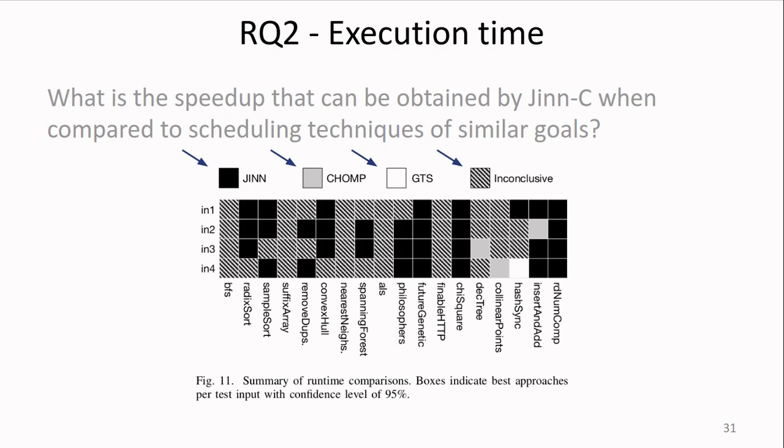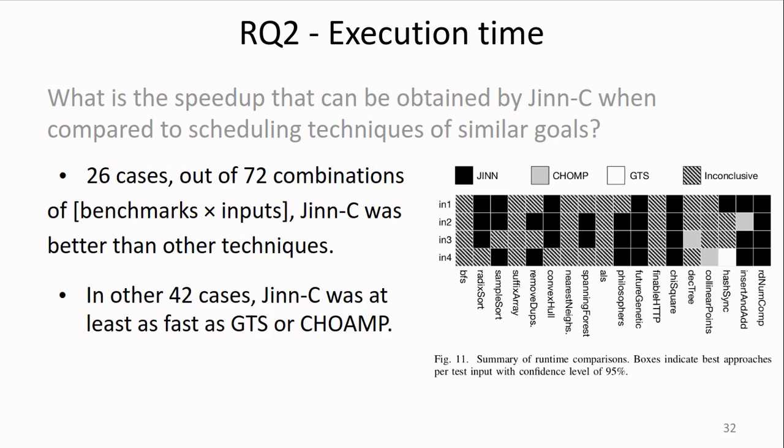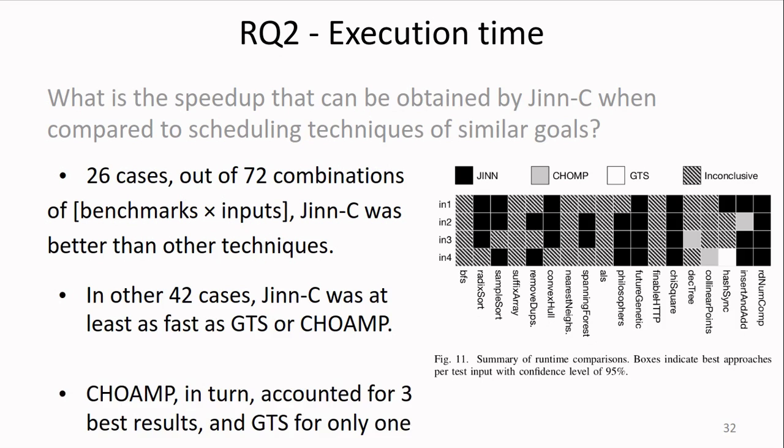Basically, the p-value was unacceptable here. So what you observe here is that in 26 cases out of the 72 combinations of benchmarks and inputs, our GCC compiler was better than the other techniques, and in other 42 cases, the GCC was at least as fast as GTS and Chomp. And for the remaining, we observe that Chomp in turn accounted for 3 best results and GTS for only 1.